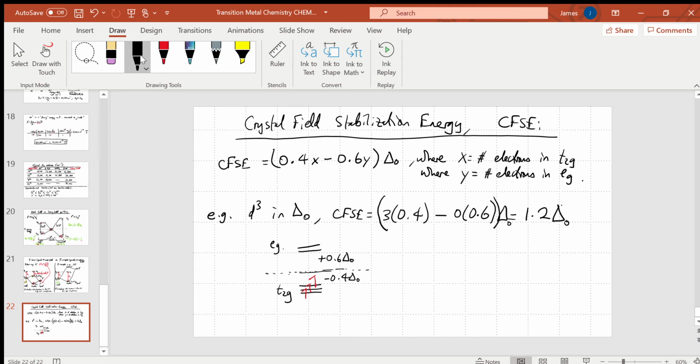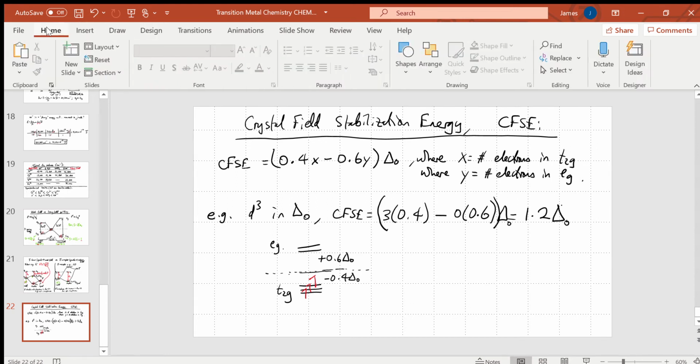Now, obviously, whether you're in a strong or a weak field is going to impact you. So let's have a look. Now, it didn't apply for a D3 ion because you can't use a D3 ion to tell the difference between high spin and low spin. But what if we had something like D6, which was sensitive to the difference?